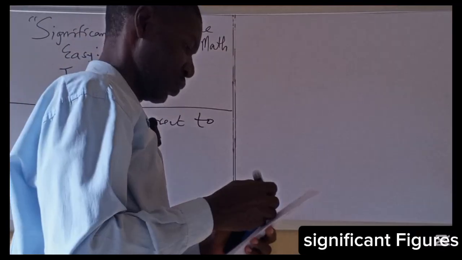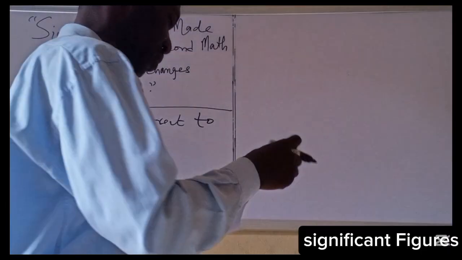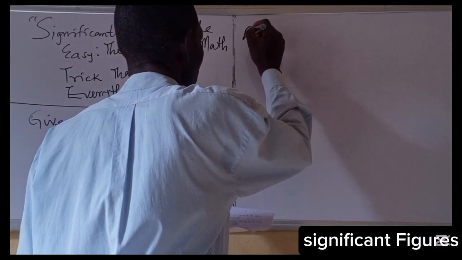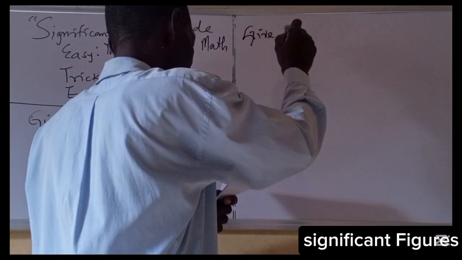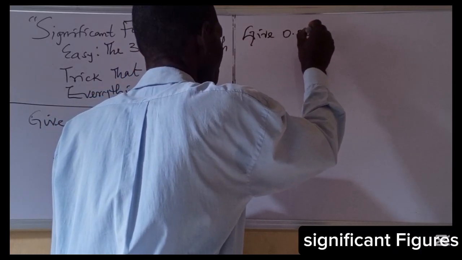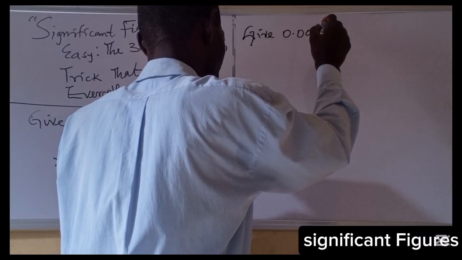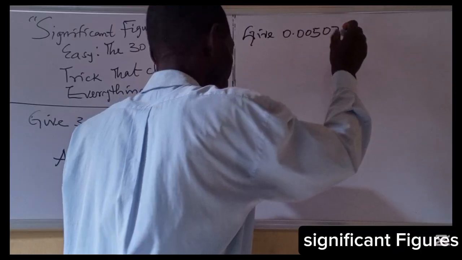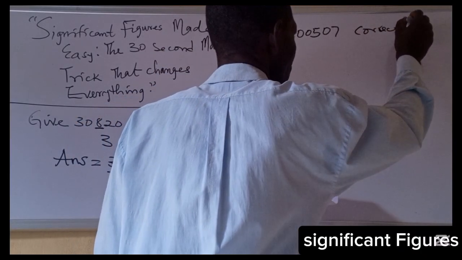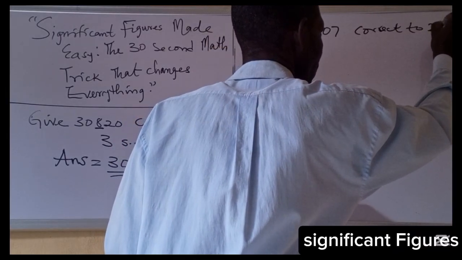So I'll be giving another example again, so that you can get this. I want you to listen very well. Another example is this: give 0.00507 correct to two significant figures.